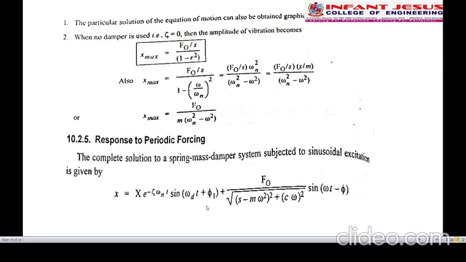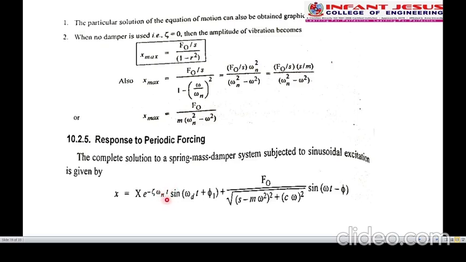In this formula, the first part denotes the complementary function. Initially the system has a natural frequency omega n. When a sinusoidal harmonic force is applied, what happens as time increases?